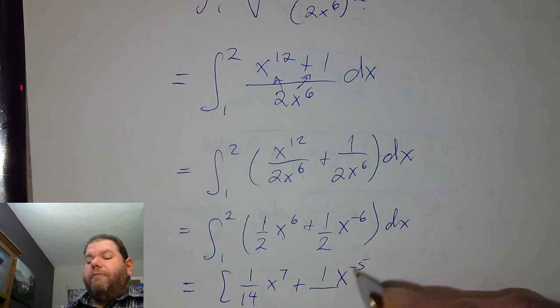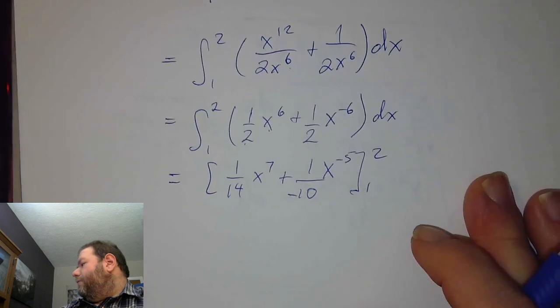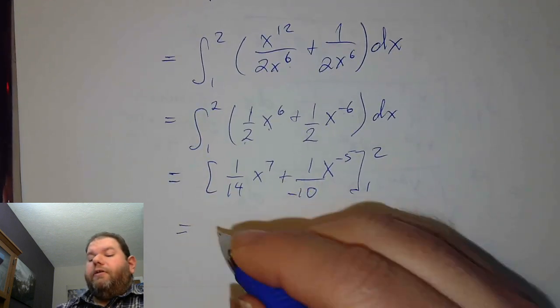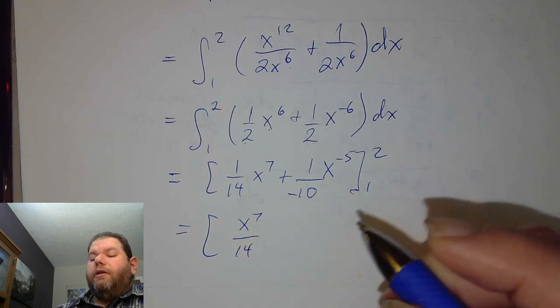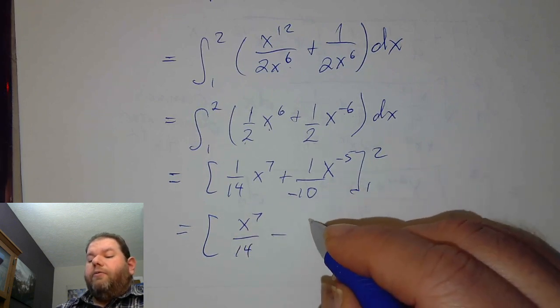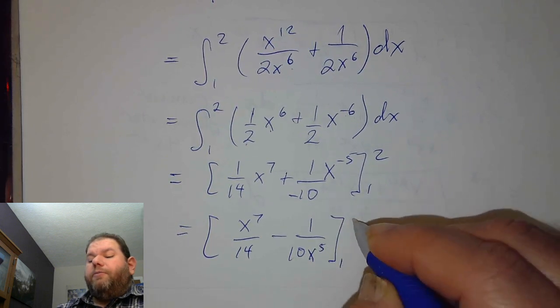And then we divide by negative 5, which multiplies the 2. So we end up with a negative 10 on the bottom. So we end up with x to the 7 over 14 minus 1 over 10x to the 5th, and that's from 1 to 2.